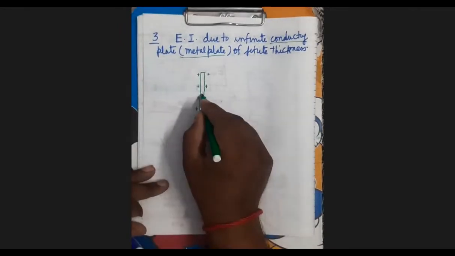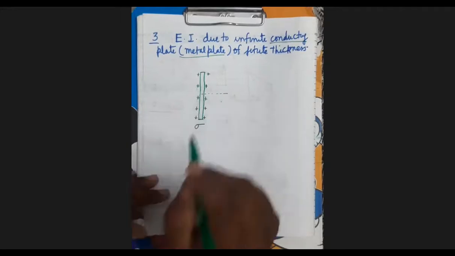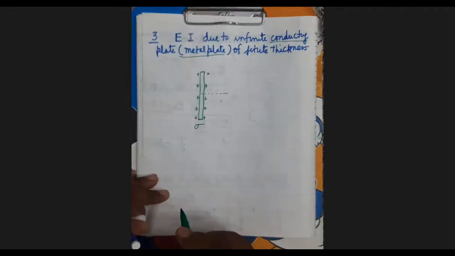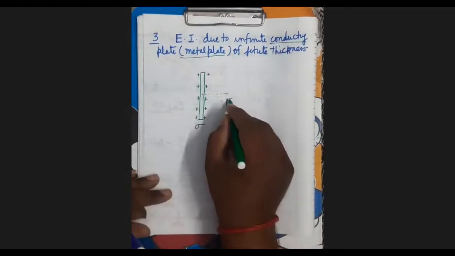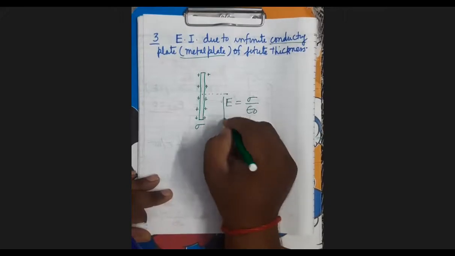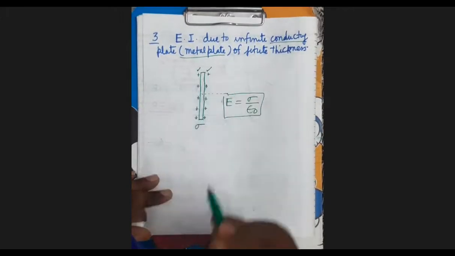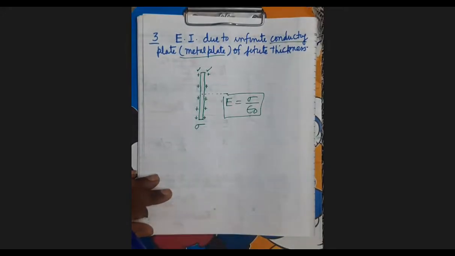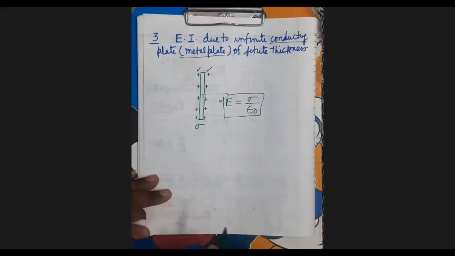Now see here, what will be the electric intensity due to this at any closely spaced point? It will be given by sigma upon epsilon naught. It is clear? Because this surface will also constitute the electric field and this surface will also constitute the electric field. So both will add up, and because of both the surfaces, the net electric field will be this.